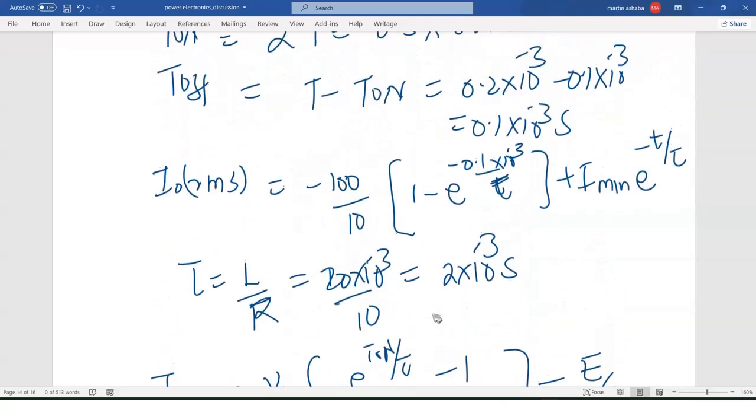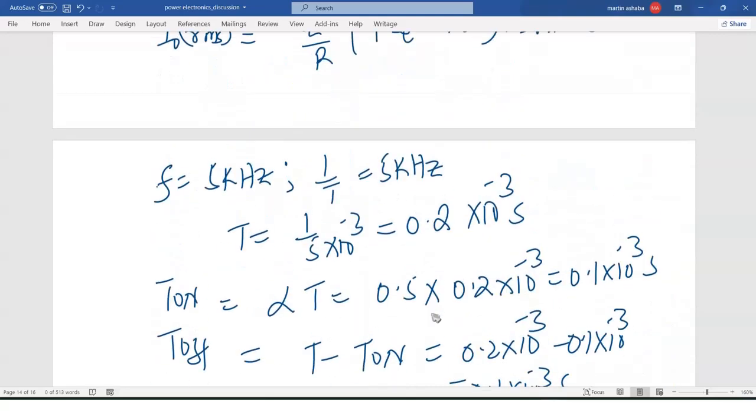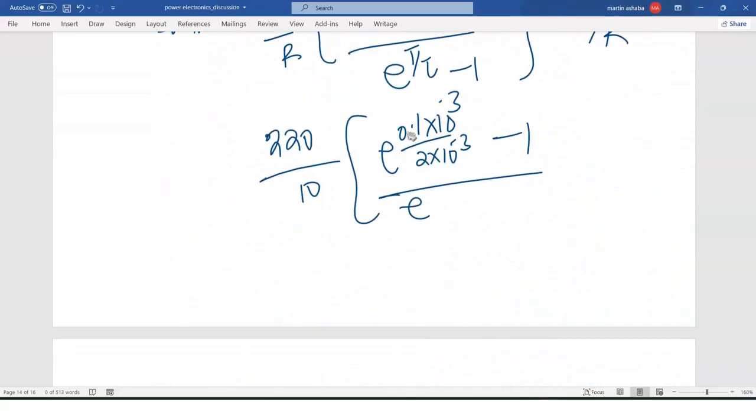The period given to us, or which has been calculated, is 0.2 times 10 power negative 3 divided by 2, then minus 1, then minus 100 divided by 10.